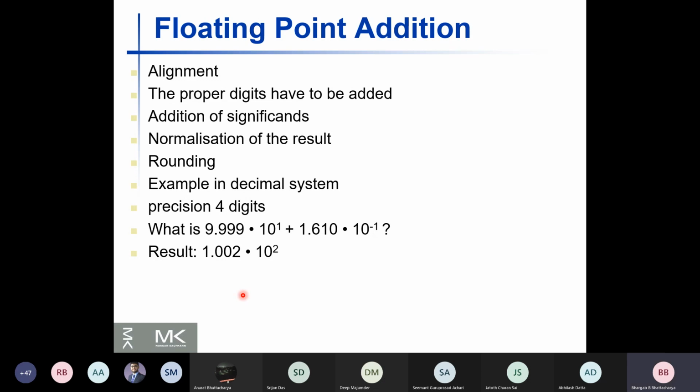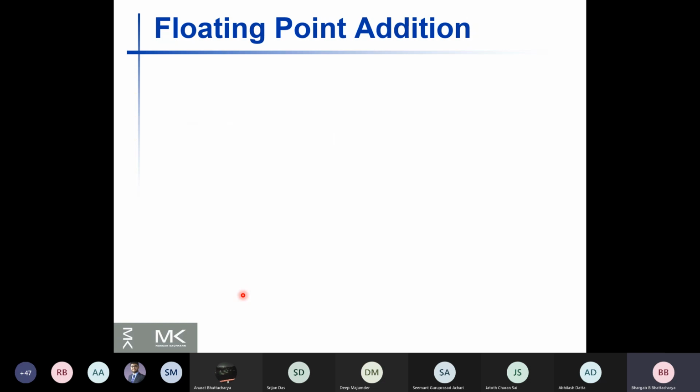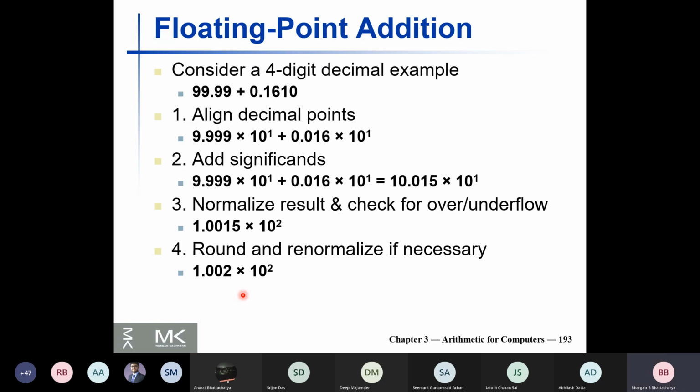And another thing is when you do this rounding, it might disturb your normalization again. See, when you do rounding, what is going to happen here? Truncation is one thing, you just cut this off, right? But rounding is different. If this digit is greater than or equal to 5, then you increase the preceding digit, right? That's what rounding means.